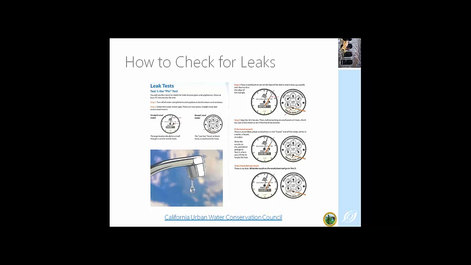Checking for leaks. Okay. There's a more detailed instruction and even a demonstration if you click on the link for the California Urban Water Conservation Council provided there on our webinar. Really easy leak detection though. If you go out to your water meter, put a toothpick on top of the needle, go turn your irrigation off, turn all the water off completely, and come back in 30 minutes.